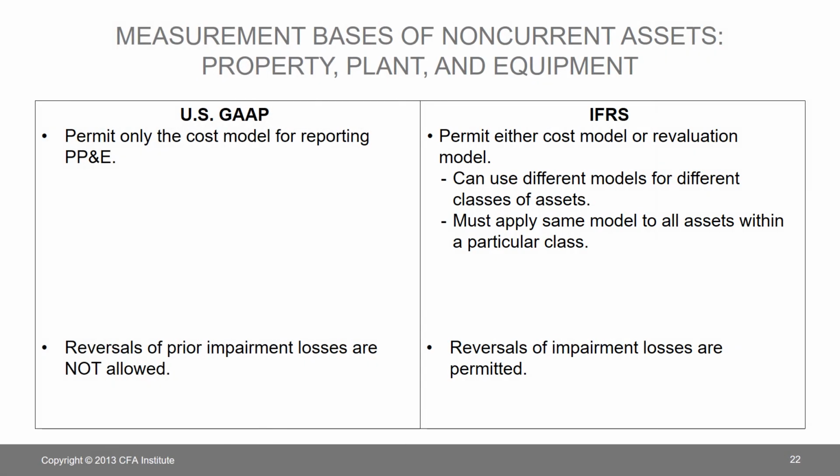Now, property, plant, and equipment measurement is another area where differences between US GAAP and IFRS are notable. On this slide, you can see a summary of the key differences between the two standards.